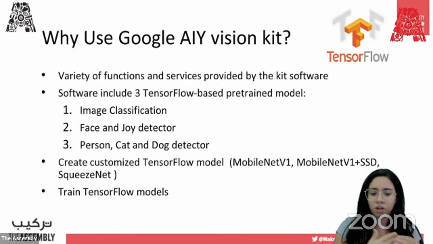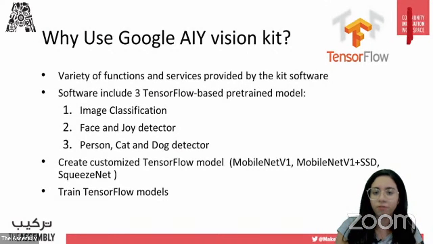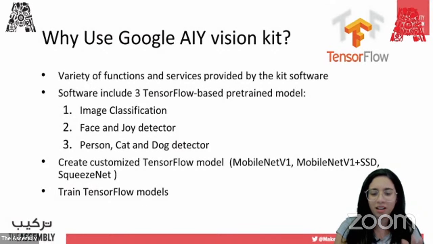Also, there is another model, which is the face and joy detection. The face and joy detection is just detecting the face and showing the percentage of the joy of your emotions. There's also another model, which is only detecting 3 things: either you're a person, a cat, or a dog. So it's just classifying those 3 categories.